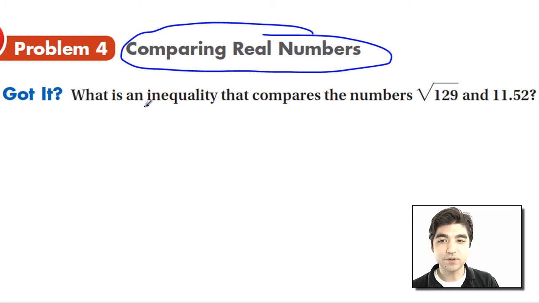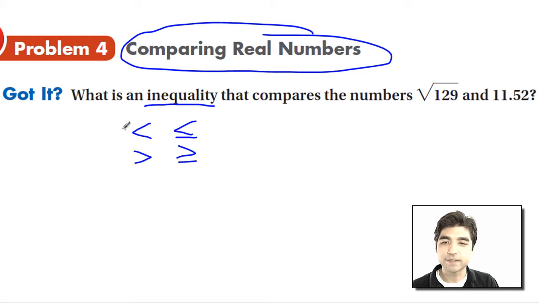First thing that you need to know is what an inequality is. Now, an inequality is those equations or expressions that have these symbols. Let's see if you remember what these symbols are. This first one here means less than. Remember that?